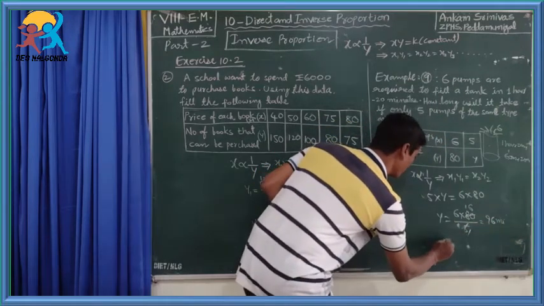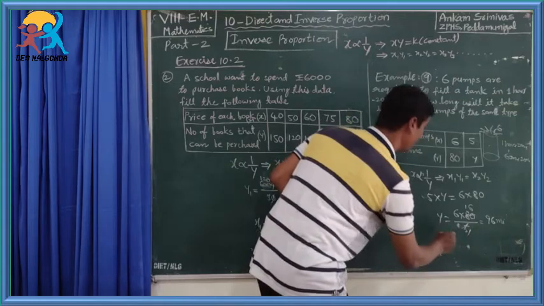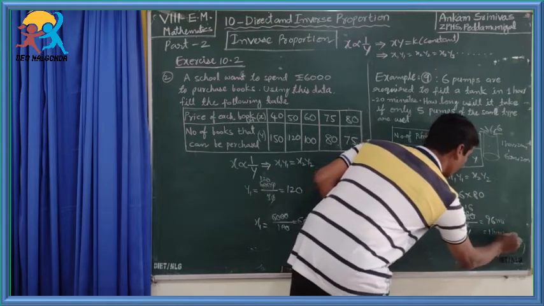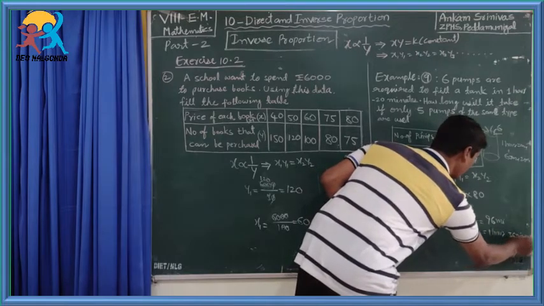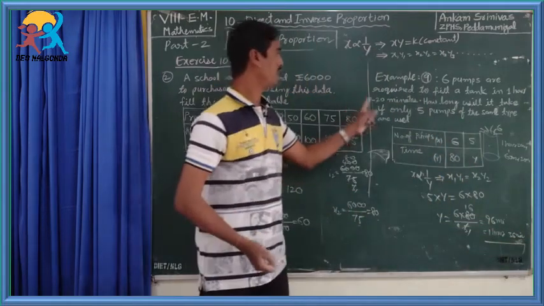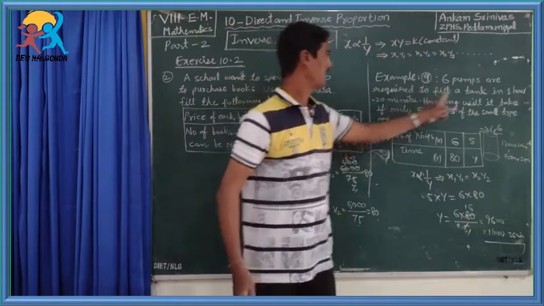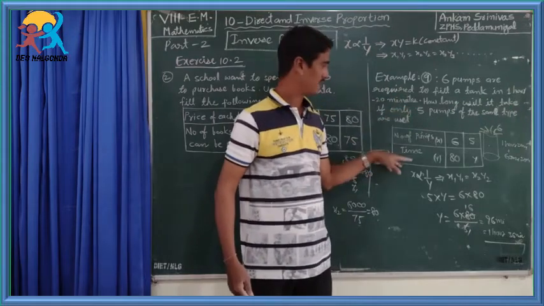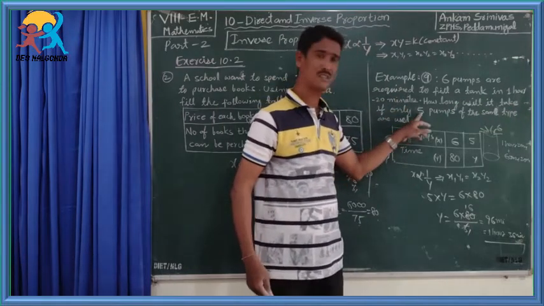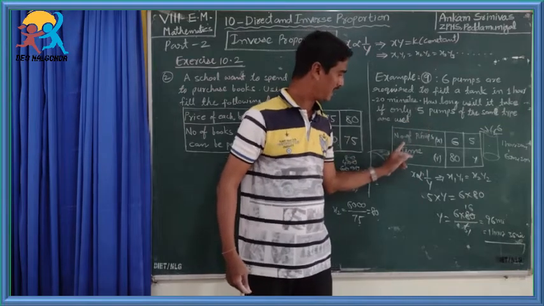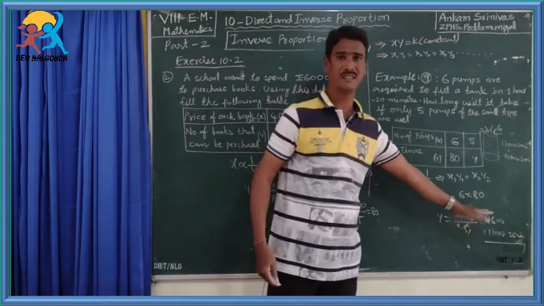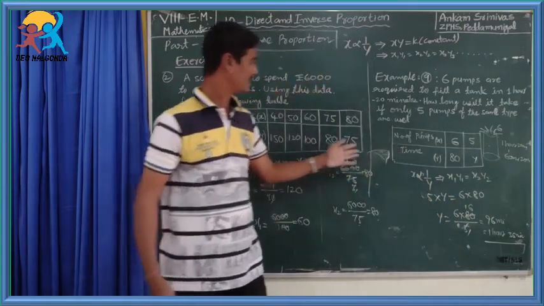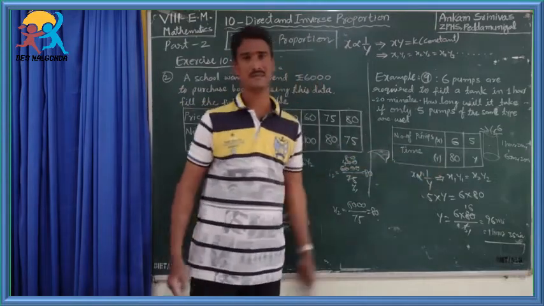That means it will take 1 hour 36 minutes. So my dear children, if you work 6 pumps to fill the tank, the time taken is 1 hour 20 minutes. In the same tank, with the same type of pumps, if you use 5 pumps, it will take 1 hour 36 minutes. So solve using this: the products are equal.